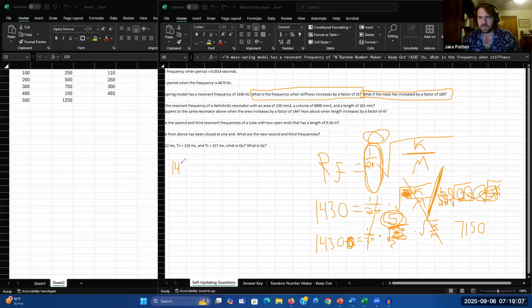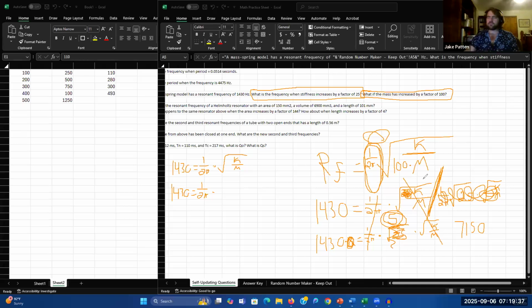We take 1430 equals the 1 over 2 pi times, and then we're gonna write the regular equation first, times k over m. And then we're gonna do the new one, which is 1430 equals 1 over 2 pi. And then the mass is increased by a factor of 100, which means we're putting 100 down on the bottom of the equation.